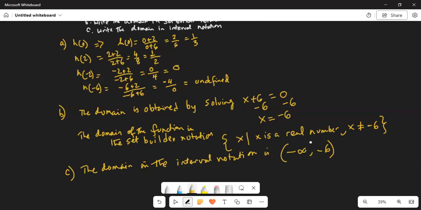Remember the function is not defined at x equal to minus 6. And so you stop at minus 6 and then you go to the right of minus 6. So that is union, which means or. This is union, okay? Minus 6 to plus infinity. So this is on the left, this is on the right, okay?